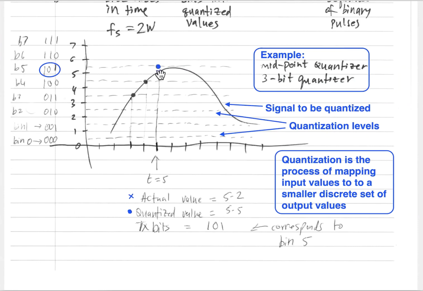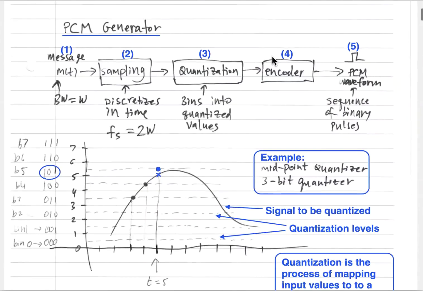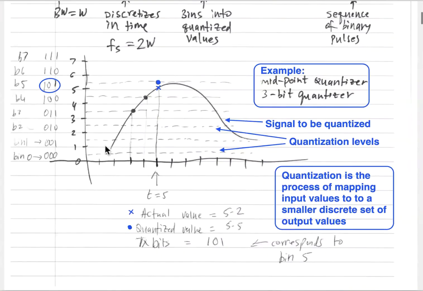So I'm going to replace 5.2 by 5.5. Now, I told you that we're going to eventually have to generate bits. In this example, I have 1, 2, 3, 4, 5, 6, 7, maybe 8 bins, 8 levels.